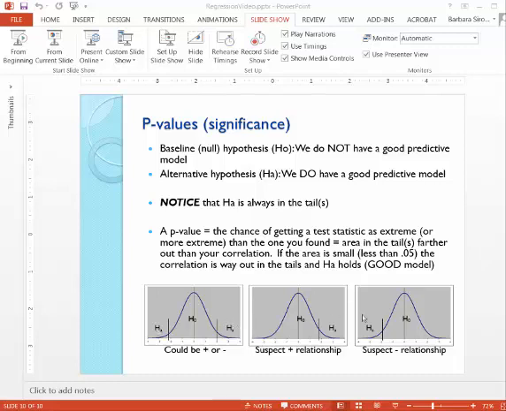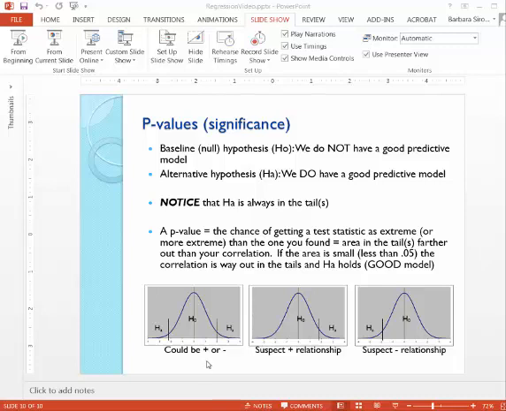I do have 3 different pictures. One is if we suspect a positive relationship, which means we put all the area for HA here. One if we suspect a negative relationship, where everything is down close to the -1.